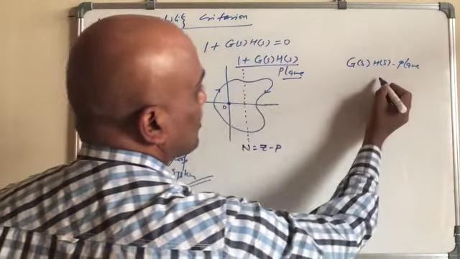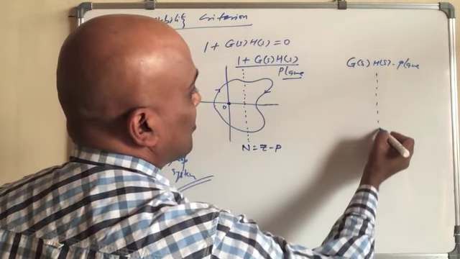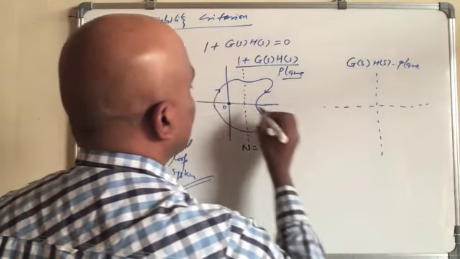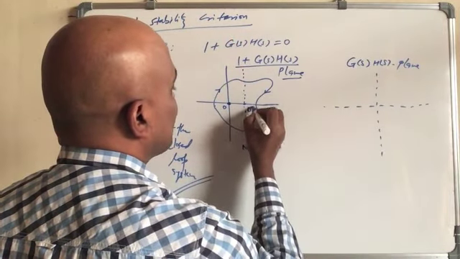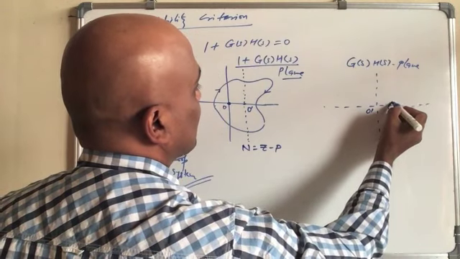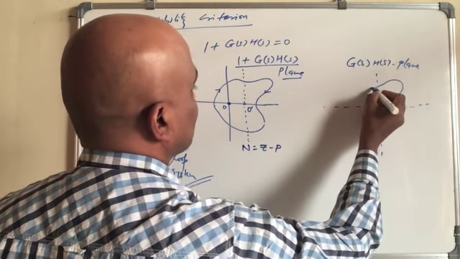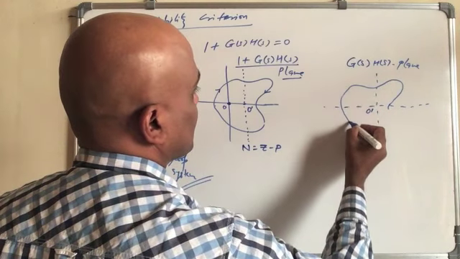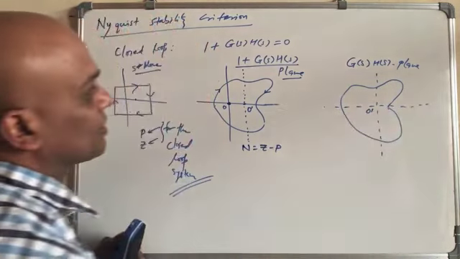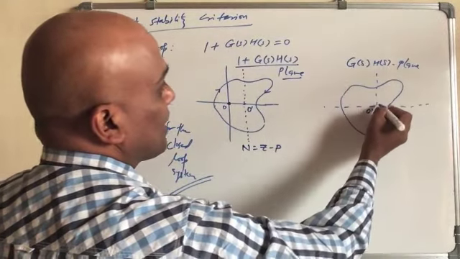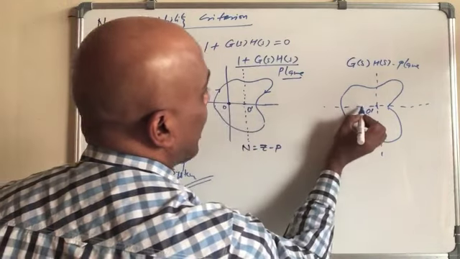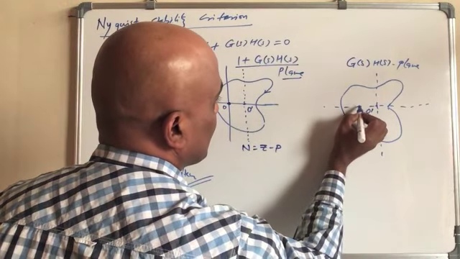So we have the new system which will be like this, and this point becomes O dash, so we have O dash here, and accordingly it will go something like this. Here we have the new 0, and whatever the original O was will be here.